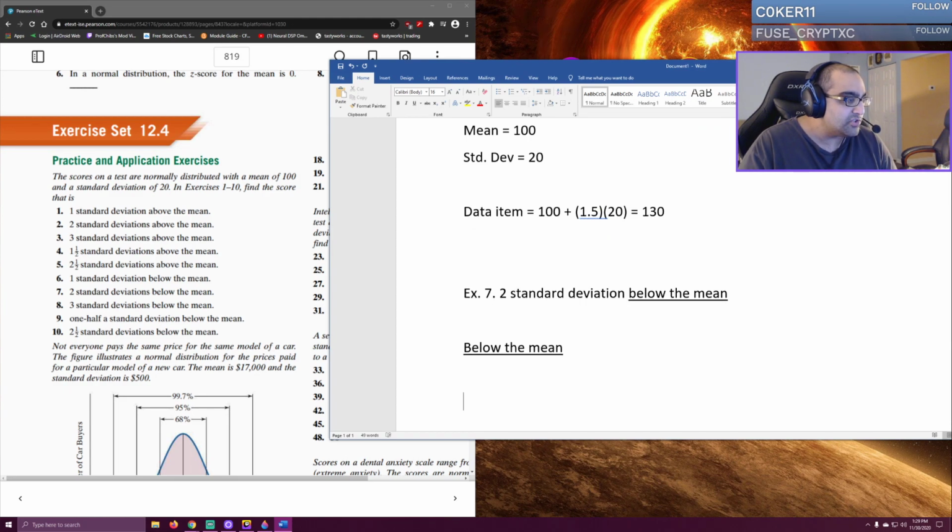And so, what does below the mean mean? That means the data item is equal to the mean minus the number of standard deviations times the standard deviation.